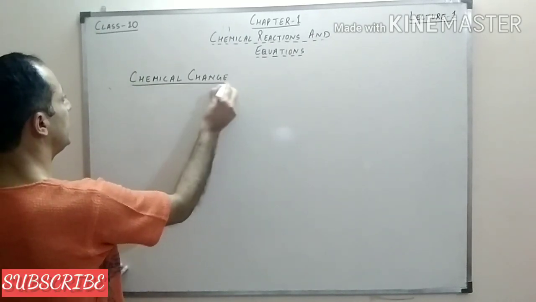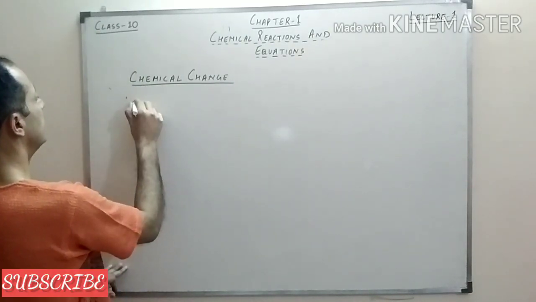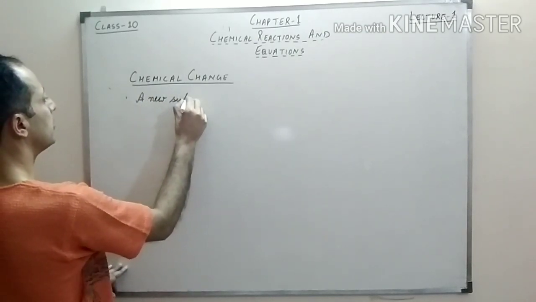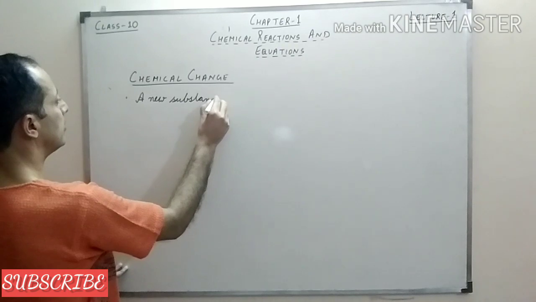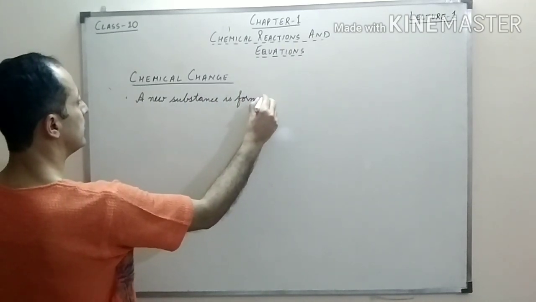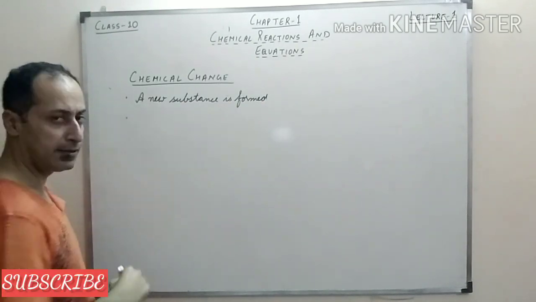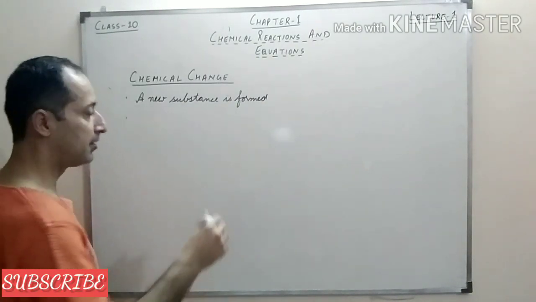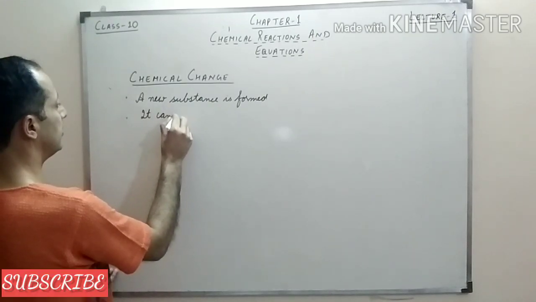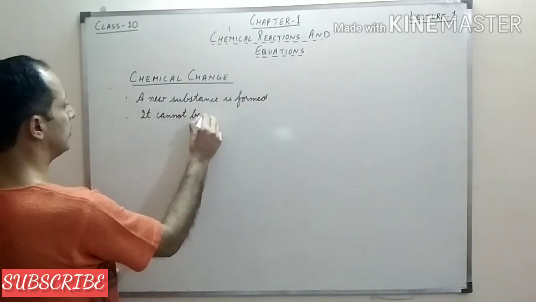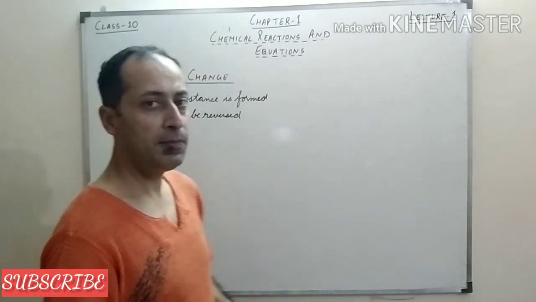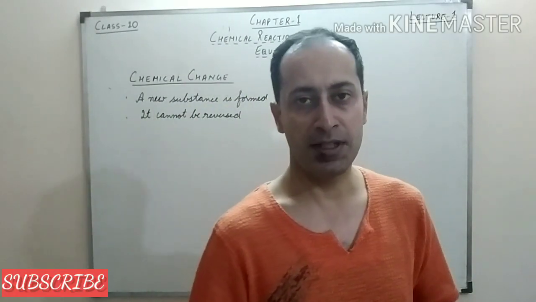We say it is a chemical change when a new substance is formed. What else? It cannot be reversed. So these are the basic features of a chemical change.